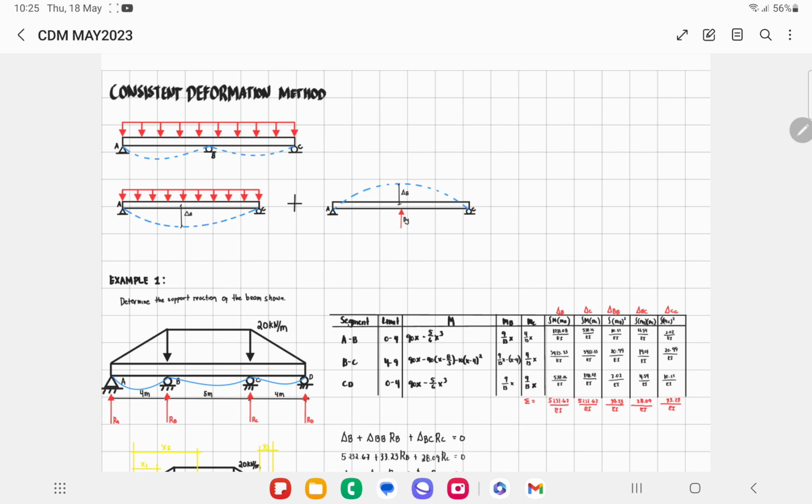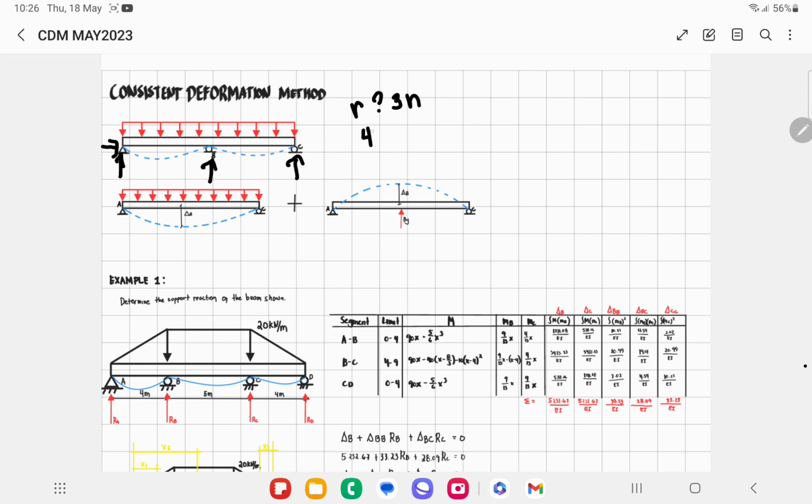And then yung concept nitong consistent deformation method is we first determine the determinacy of this beam. So meron tayong formula dyan which is R compared to the number of equilibrium equations and the number of parts. So we have 1, 2, 3, and 4.